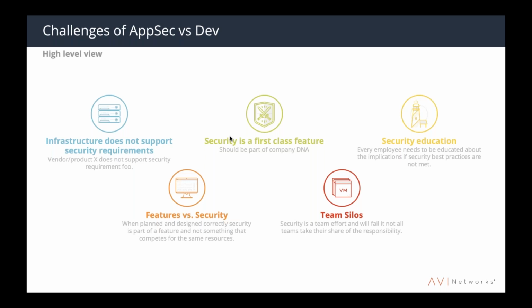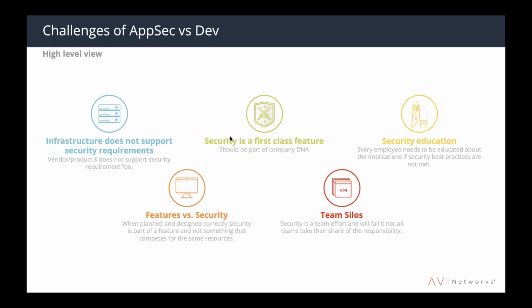So now that we looked at the tools themselves that we could integrate into a CI/CD pipeline, let's look a little bit at the challenges that we see when we talk about application security and the development environments. All of these have come up in my various discussions with teams that run pipelines or try to run their software and development pipelines, and I want to quickly go over those.